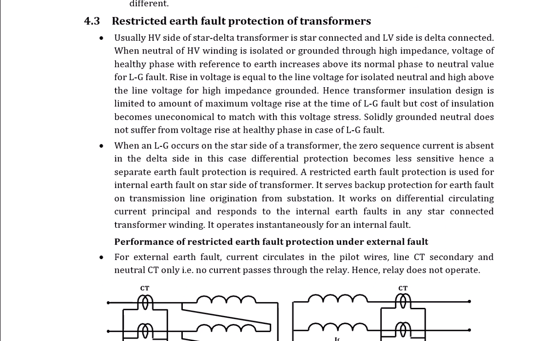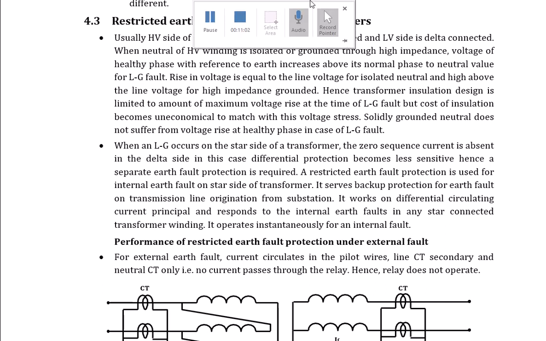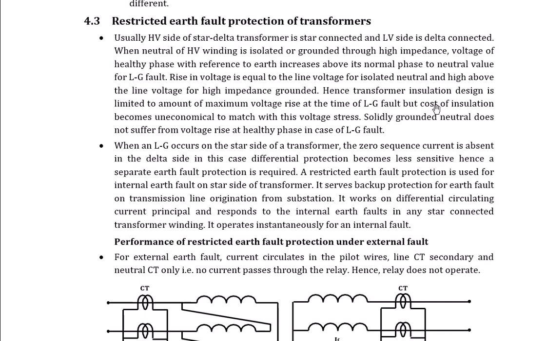When the neutral of the HV winding is isolated or grounded through high impedance, the voltage of the healthy phases with reference to earth increases above its normal phase-to-neutral value for an LG fault. The rise in voltage is equal to the line voltage for an isolated neutral, and higher than the line voltage for a high impedance grounded neutral.